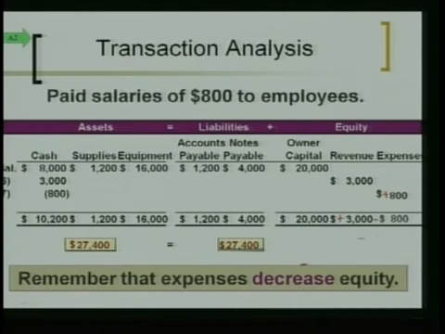Does that make sense, guys? So when you have an expense, yes, your expense goes up, which causes your total equity to go down. I want you to understand that. Understand? Does the accounting equation hold? Stay put? Yeah. Good. Let's do one more.